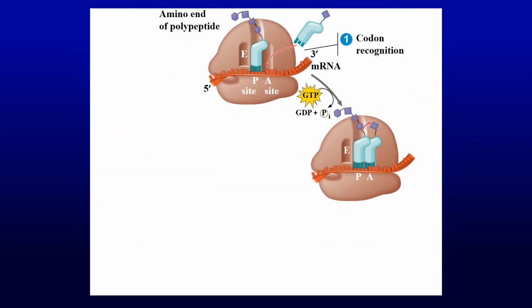Alright, so the next thing that would happen then is we have a transfer RNA at the P site. The A site is vacant, and a transfer RNA comes flying in to the A site, and it will match anticodon to codon. So now we have transfer RNAs at both the P site and the A site.